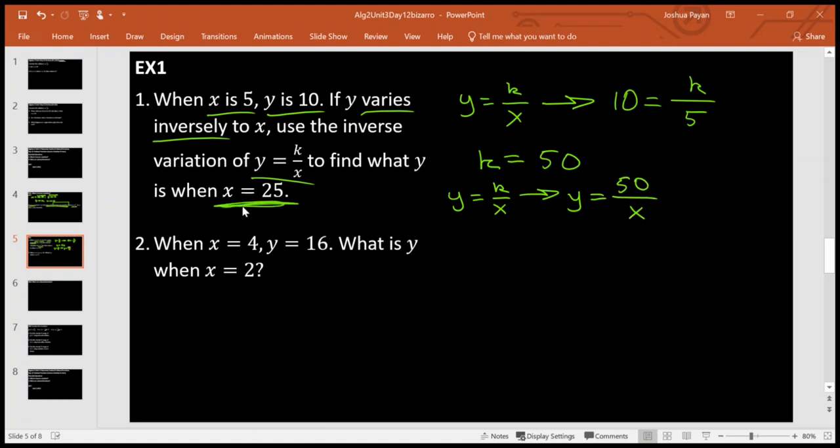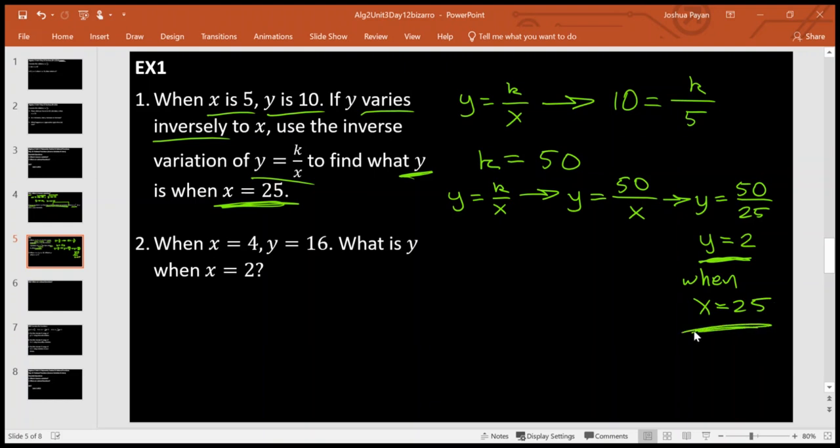And now I can figure out what y is whenever x is 25. Well, pretty obvious, y is going to be 2. So y is 2 when x equals 25. And we see that as x increases, y decreases. So that's, again, another example of what we mean when we say that they vary inversely.